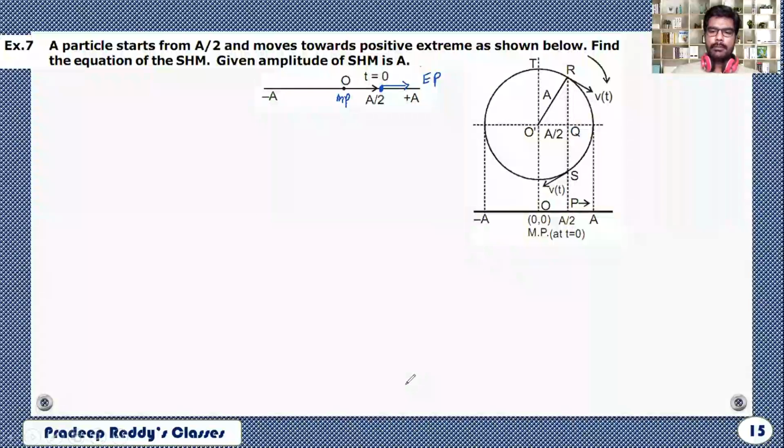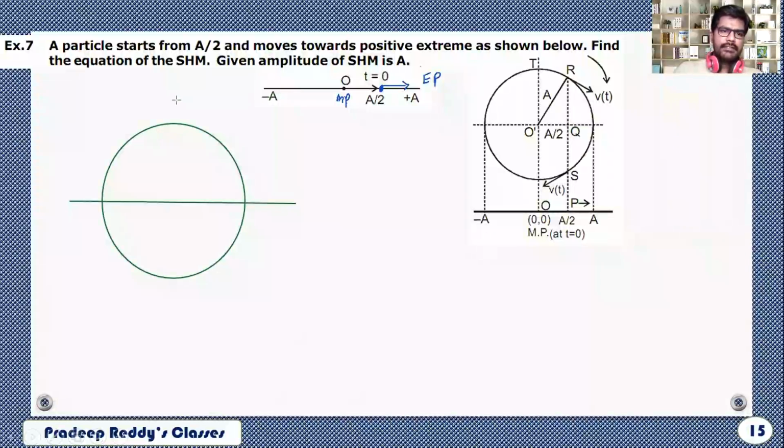So in order to represent this, I'll just take one circular path, and this is the x-axis and this is the y-axis. Now where is the particle initially starting? The particle is starting at position a by 2.